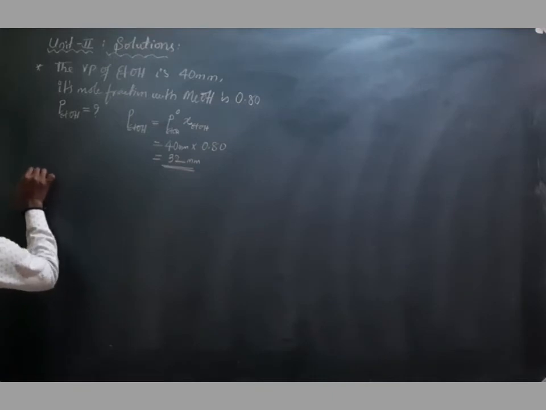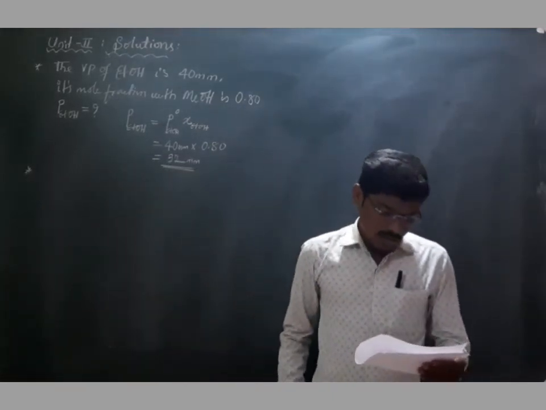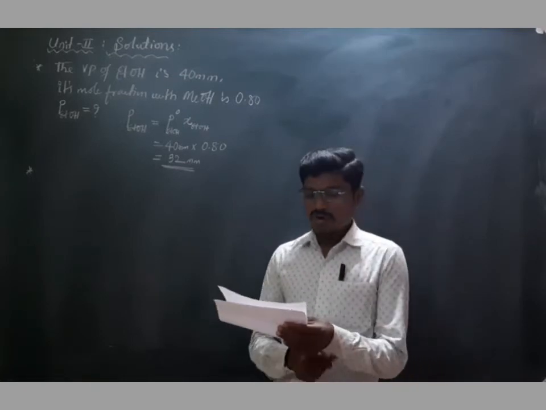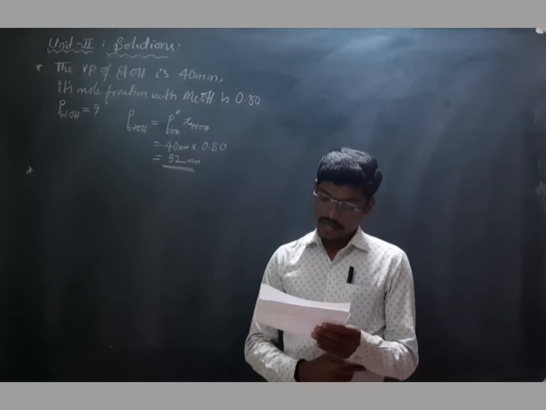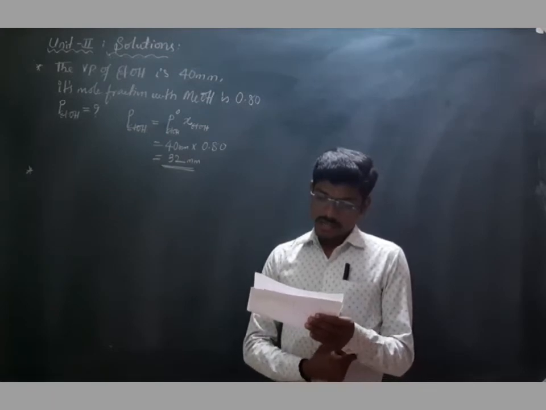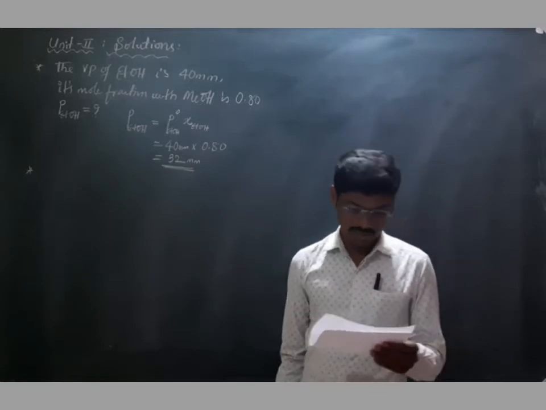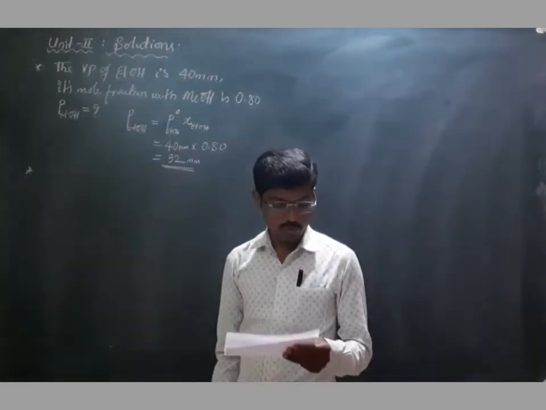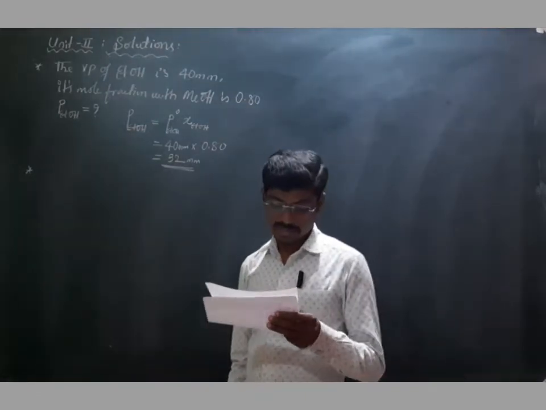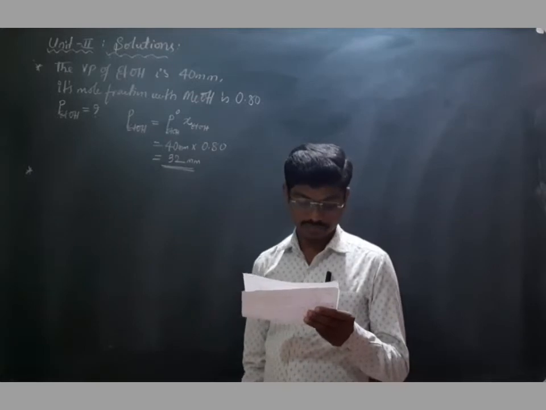Next, second question. When 10 gram of glucose is dissolved in 90 gram of water, a solution is prepared. If the vapor pressure of pure water is 32.8 mmHg, then what would be its vapor pressure in solution?